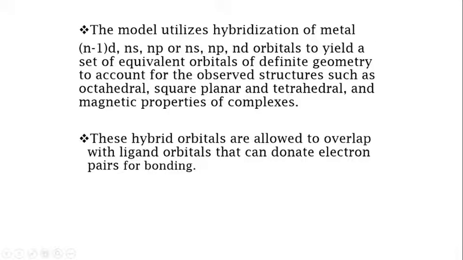So these are the two hybridization sets which can be utilized by the metal. These give equivalent orbitals with definite geometry to account for the observed structures such as octahedral, square planar, and tetrahedral. And these hybrid orbitals are allowed to overlap with the ligand orbitals that can donate electron pairs for bonding.